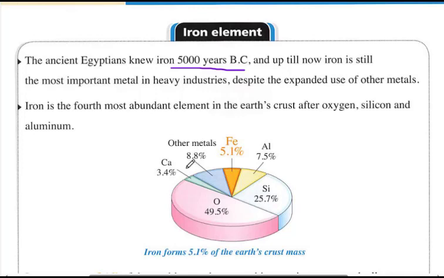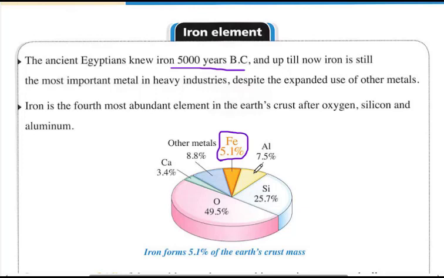After iron, in the fifth place, comes calcium with 3.4%, and all other metals 8.8%. So what we are concerned with here is iron. Iron as a metal comes in the fourth place according to the abundance of the elements in the earth's crust.